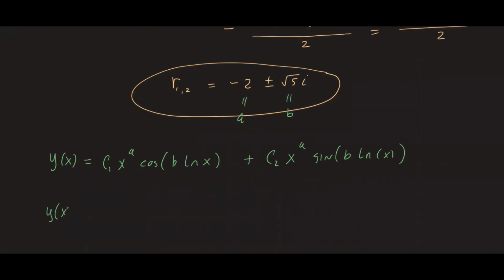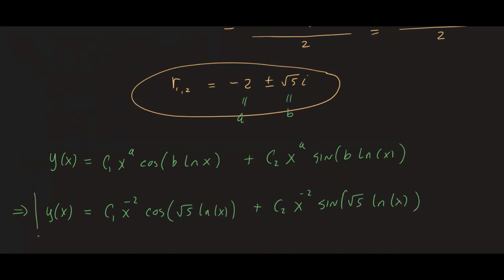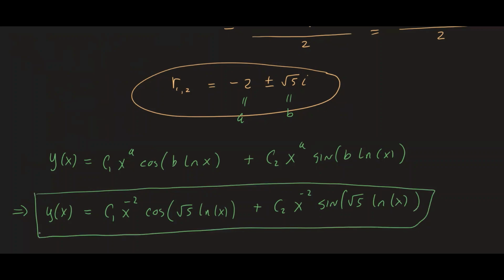So our y of x is going to be c1 x to the negative 2 cosine of square root of 5 ln of x plus c2 x to the negative 2 sine of square root of 5 ln of x. So there we have our solution when the roots happen to be complex numbers.